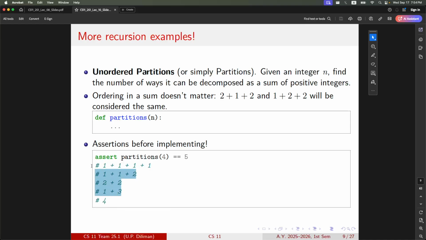Okay, so they constitute the whole set. Let's say we have partitions 3.